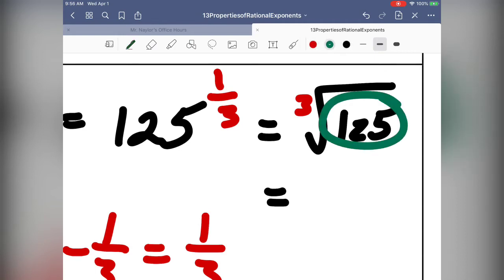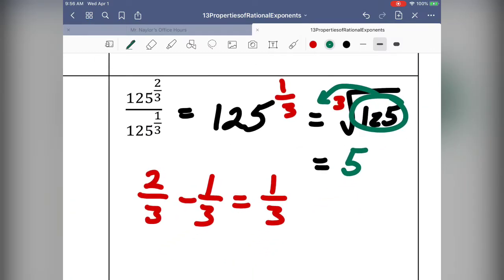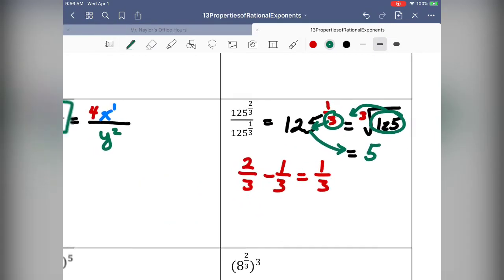In fact, I can take out all of this 125 and replace it with a 5, because the third root of 125 is 5. Now, soon I want you to skip writing this step, and I want you to be able to just look at this 3 and say, hey, that's the third root of 125, and come up with the answer of 5.